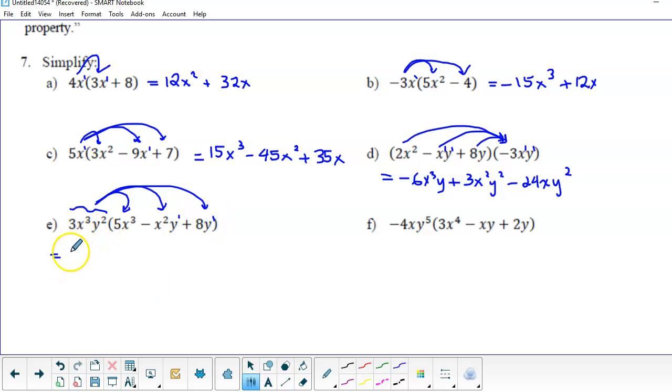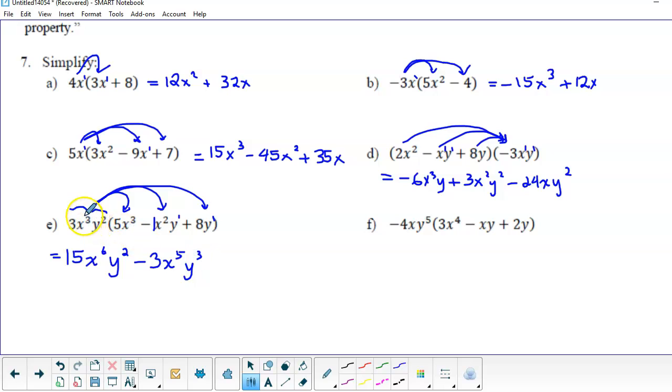Okay, so 3 times 5 is 15. x cubed times x cubed is x to the 6. And then y squared. Then positive 3 times, remember that's a negative 1 in front, so that's going to be negative 3, which is subtract 3, x to the 5th, and y cubed.